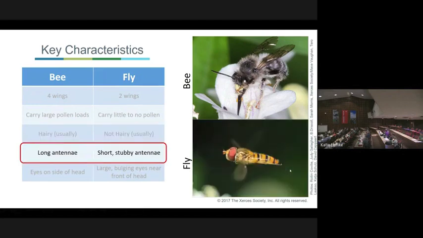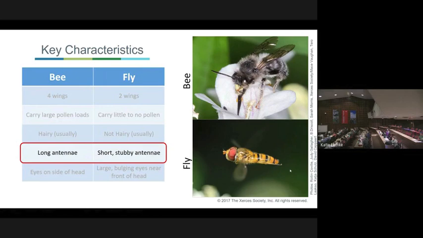And next we can look at antennae. Bees have very long antennae, as you can see coming right off of this bee here. And flies typically have these short, stubby antennae. Okay, so 4 wings. Is it carrying pollen? Is it hairy? How long are its antennae?